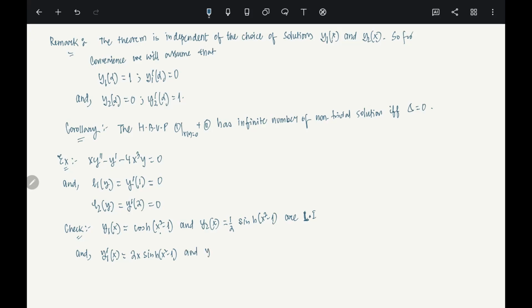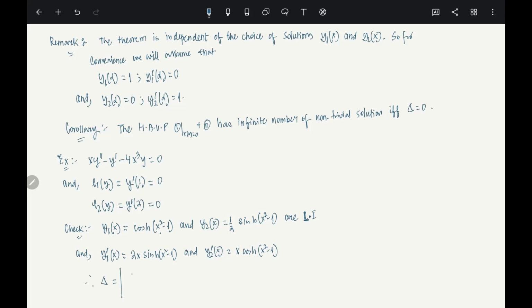And y2 prime of x will look like this: 2x times x squared, so x cosh(x squared) minus 1. Now the data is given that y prime at the point 1 is 0, so this will imply y1 prime at the point 1 is 0. So we'll put those data here. Therefore, what is delta?